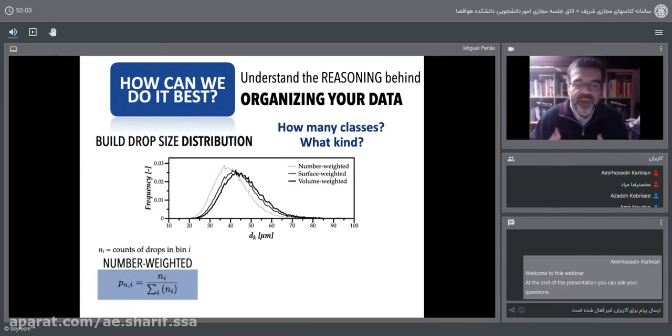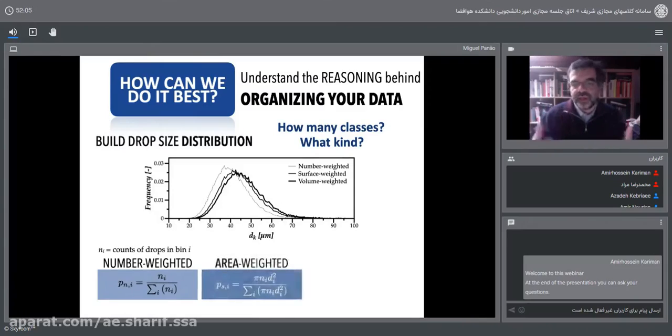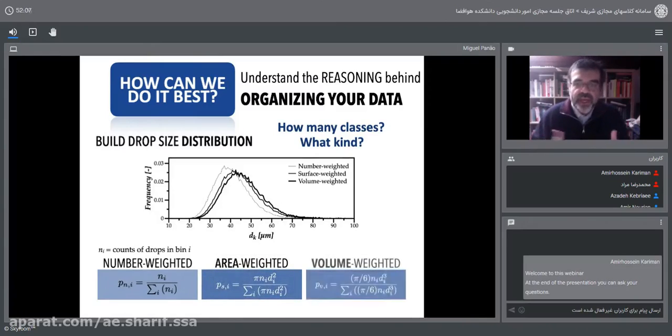But if you weight by the area or by the volume, you get an area-weighted or surface-weighted drop size distribution and a volume-weighted drop size distribution. So how should you choose? Well, for me, it depends on the physics, on the research question.